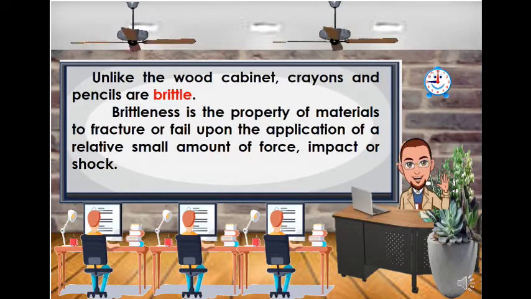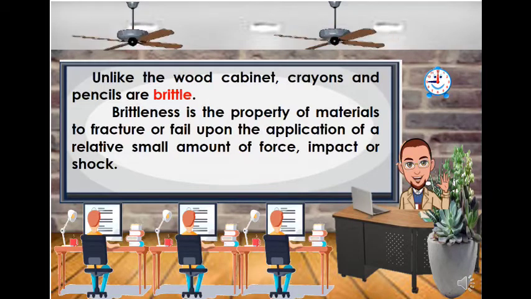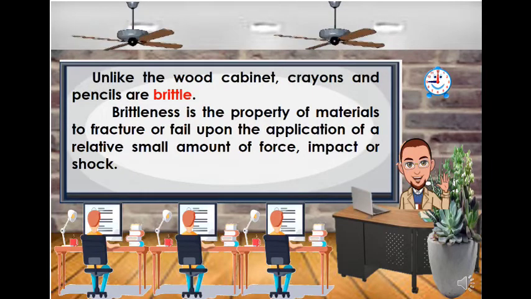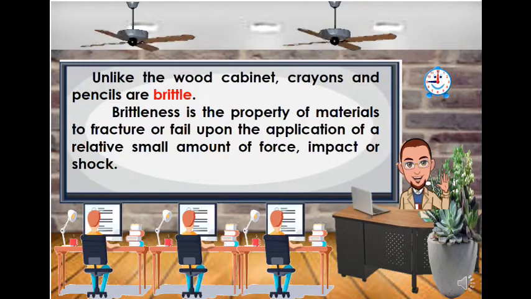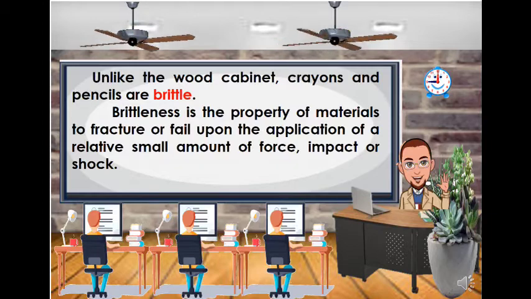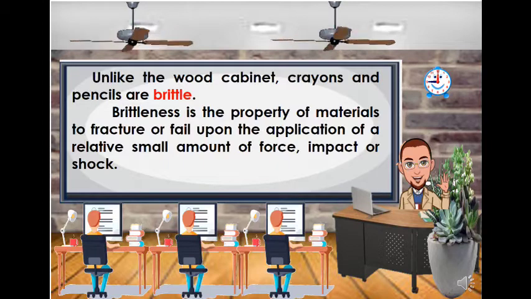Ayun naman pala, yun yung mga madaling maputol kapag kahit konting force or impact lang ang pwedeng ibigay sa kanila. Kaya naman pala, si crayon mabilis lang maputol at si lapis mabilis lang din maputol pagka hinagis or naupuan or other force that is applied upon them.